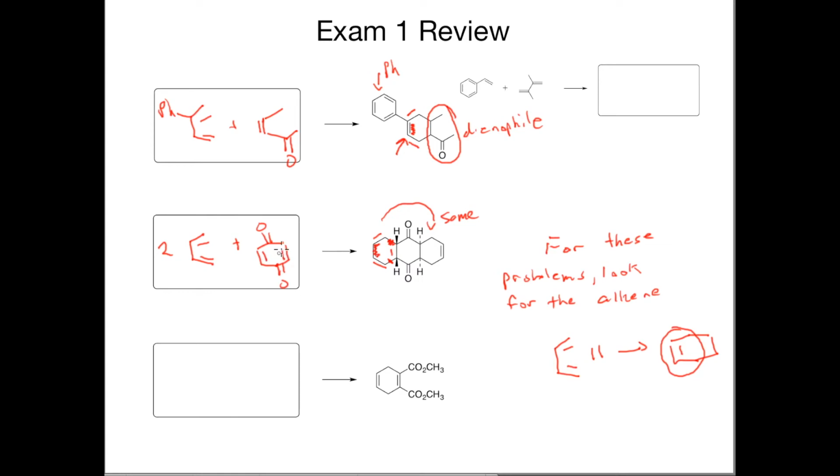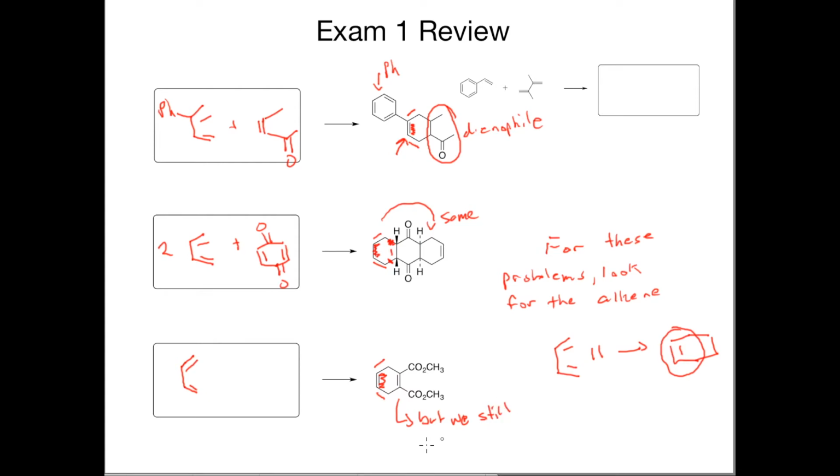Now, going down here to this one on the bottom, what I notice is that if I do the same thing, I generate the same diene. But I do notice something a bit different here. So here's the diene that I have. But notice that I still have a double bond that is in the product. If you look above, there is no double bond in the product from the dienophile.